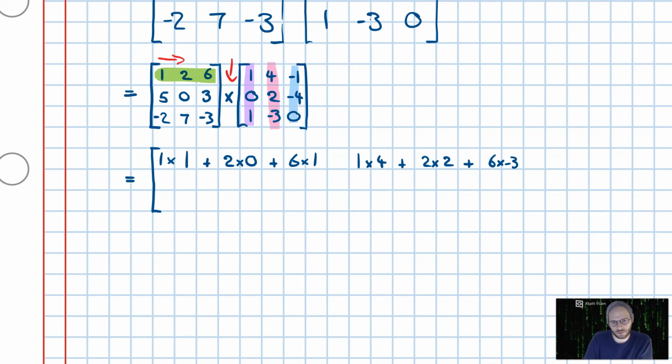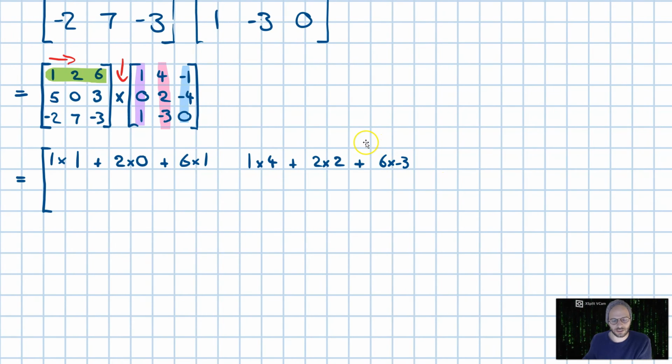Going for our third element on the first row, we're going to go 1 multiplied by minus 1, 2 multiplied by negative 4, and then plus 6 multiplied by 0. So just checking, 1 and negative 1, 2 and negative 4, and 6 and 0. So that's our first row.